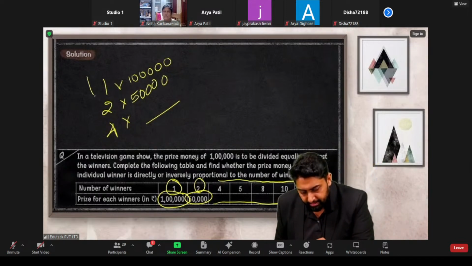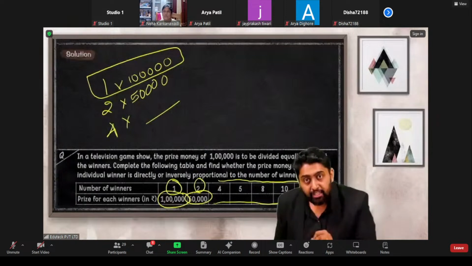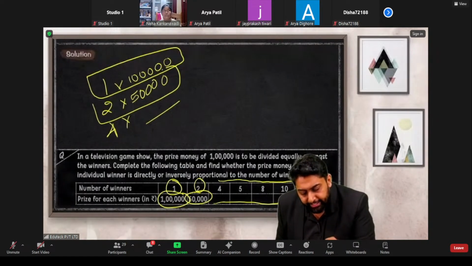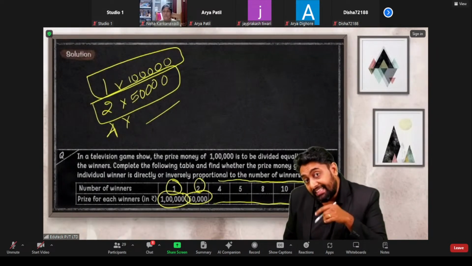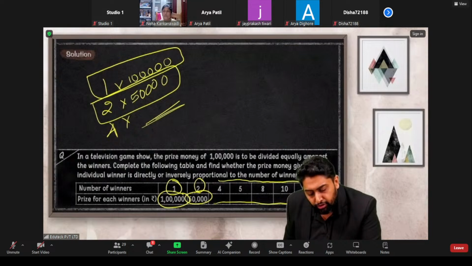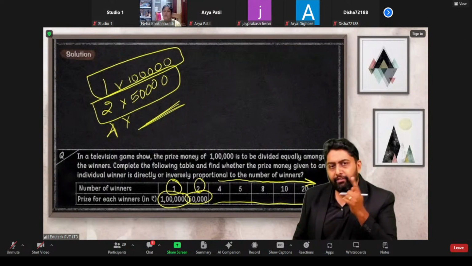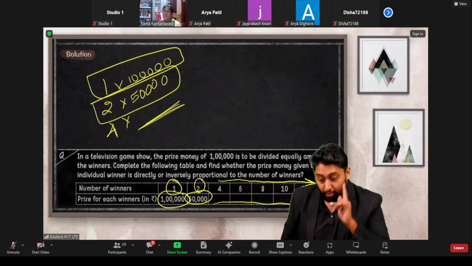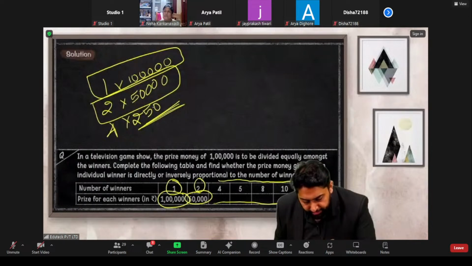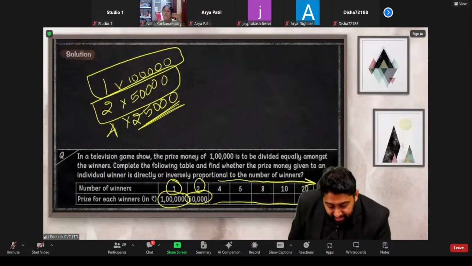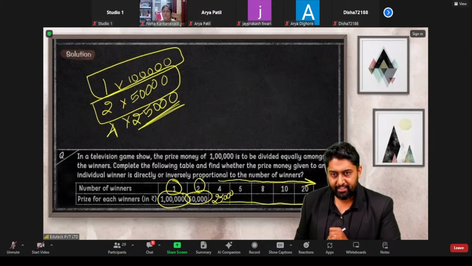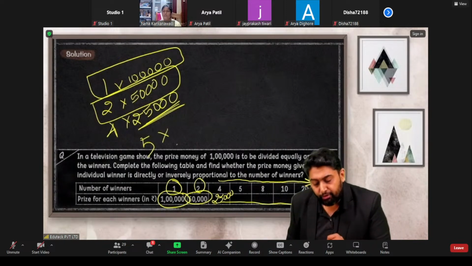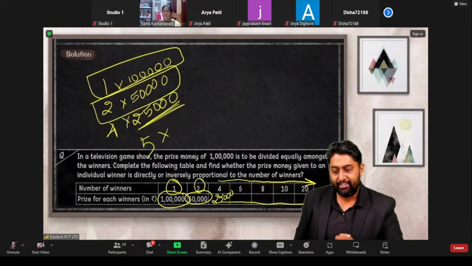That means 1 into 1 lakh should be the same as 2 into 50,000. Now that will be the same as 4 into which value? 4 into what will give us 1 lakh? 25,000. Lovely answer. 4 into 25,000. That means the answer below 4 was supposed to be 25,000. So 5 into which value? 20,000.